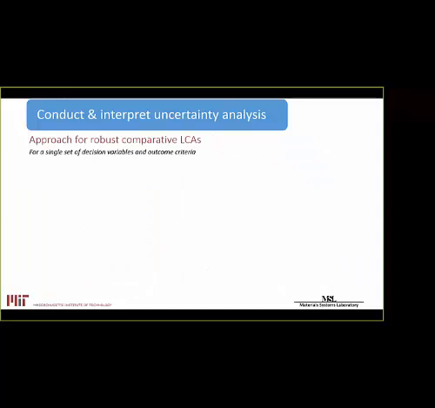So the approach that we recommend for conducting these comparative life cycle assessments is that for each life cycle impact assessment metric that you're interested in, and that's what Morgan and Henry would call an outcome criterion, you do what we call a probabilistic scenario-aware analysis.